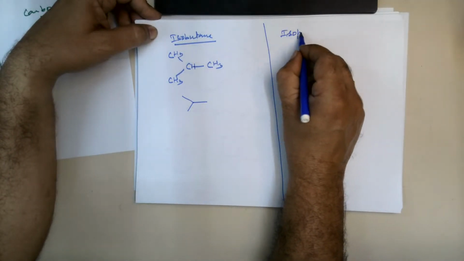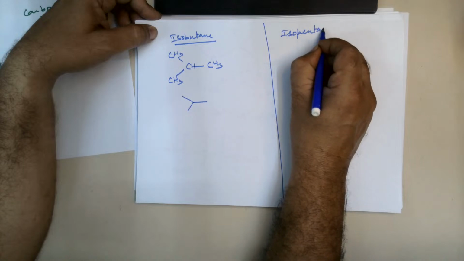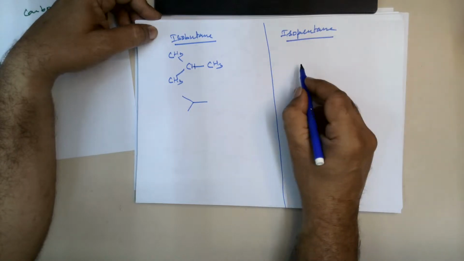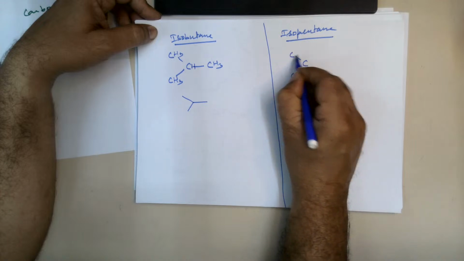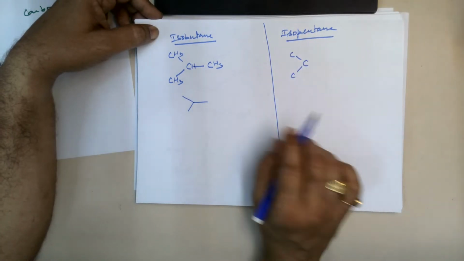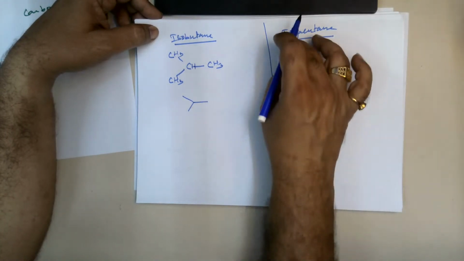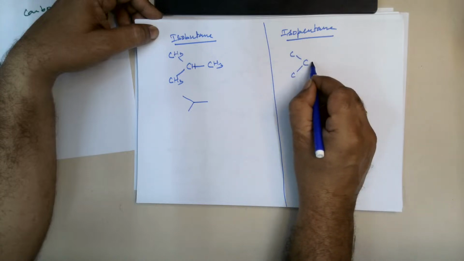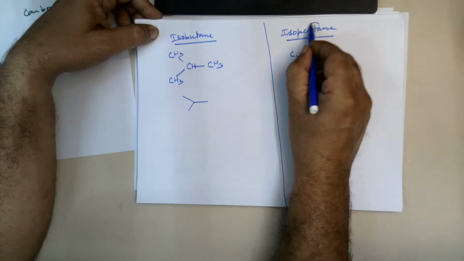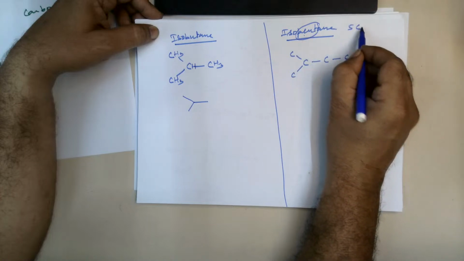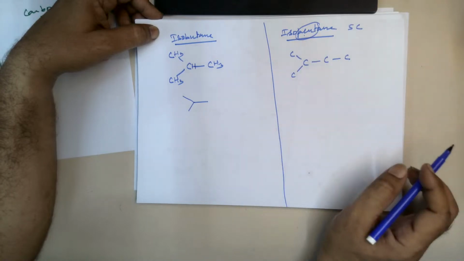Let us have another structure, isopentane. So isopentane means you can have an even branch like this, symmetric branch. So already 3, and then 4, then 5, because penta means 5 carbon atoms. So I accounted for 5 carbon atoms.